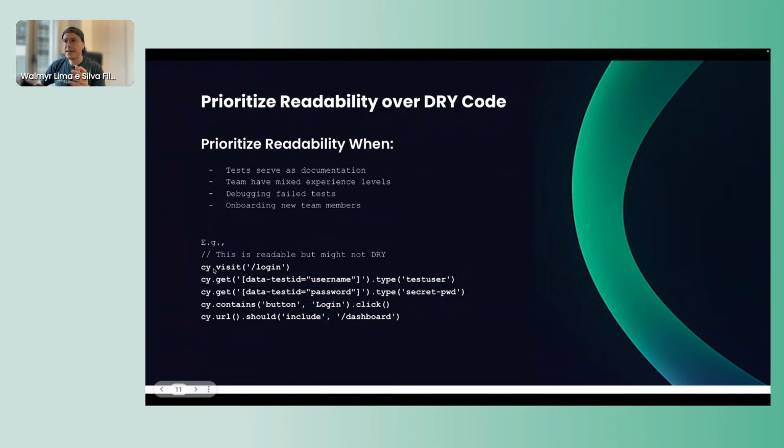I am using inline code: cy.visit('/login'), cy.get an element that has a data-test-id username, and typing test user on it. I'm getting the password field and typing secret password. I'm getting the login button and clicking on it, and I'm getting the URL to see that it includes dashboard, meaning that I was redirected to the right place.